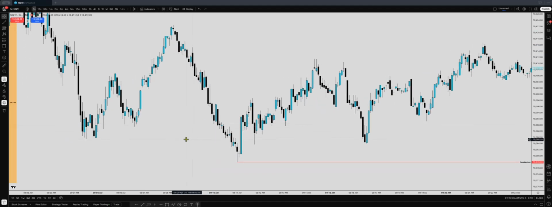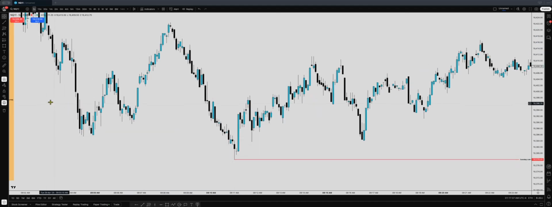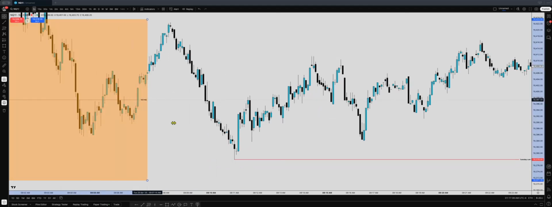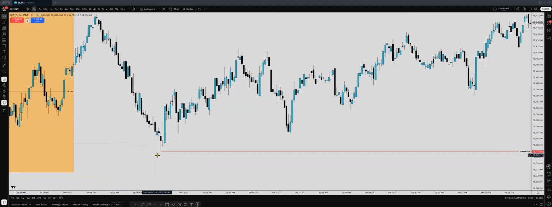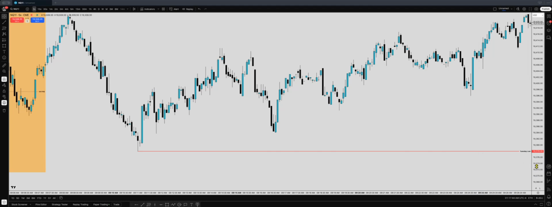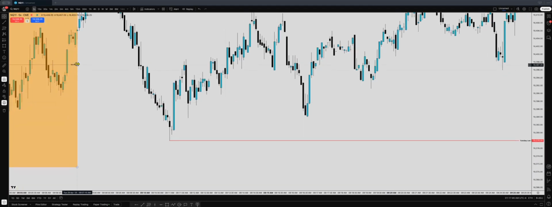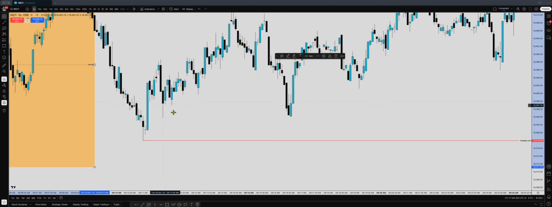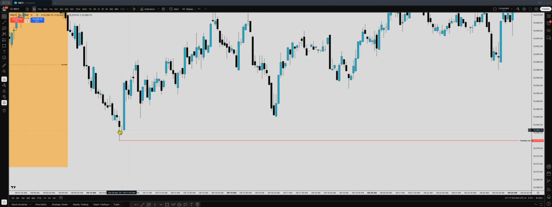It doesn't present itself until right here, which is kind of near the bottom of the 1 hour fair value gap. So here's the thing about dojis. This one, it's up to you to determine whether you want to consider that bearish or bullish. It's up to you.